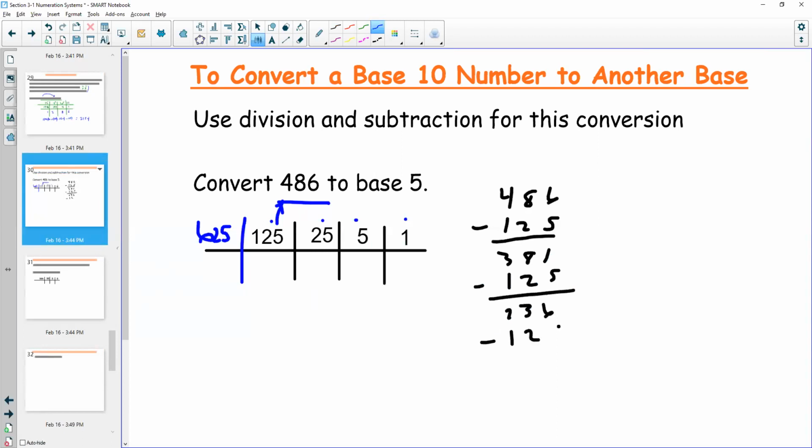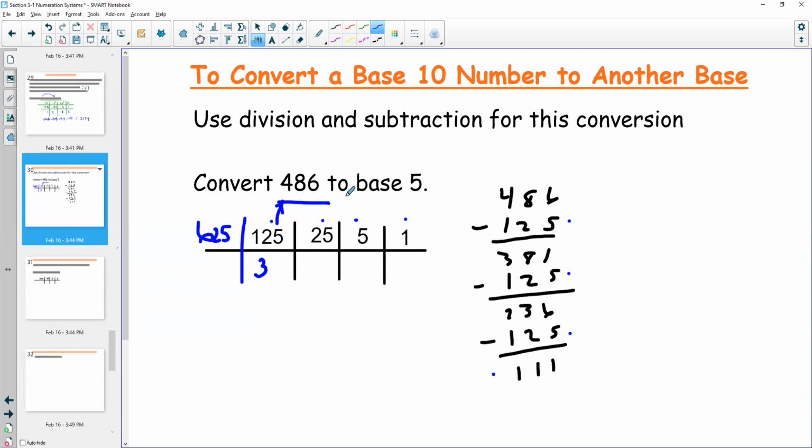I'm going to do it again. I'm going to get 111. Now I don't have enough to take away 125 again. But how many 125s did I take? I took 1, 2, 3. So in this place value goes a 3. That's how many 125s are in there.